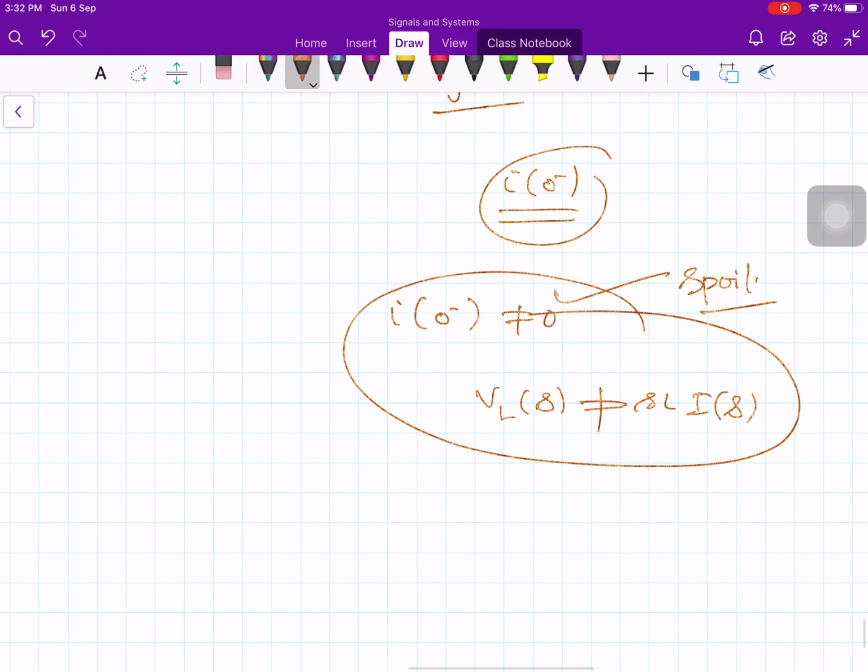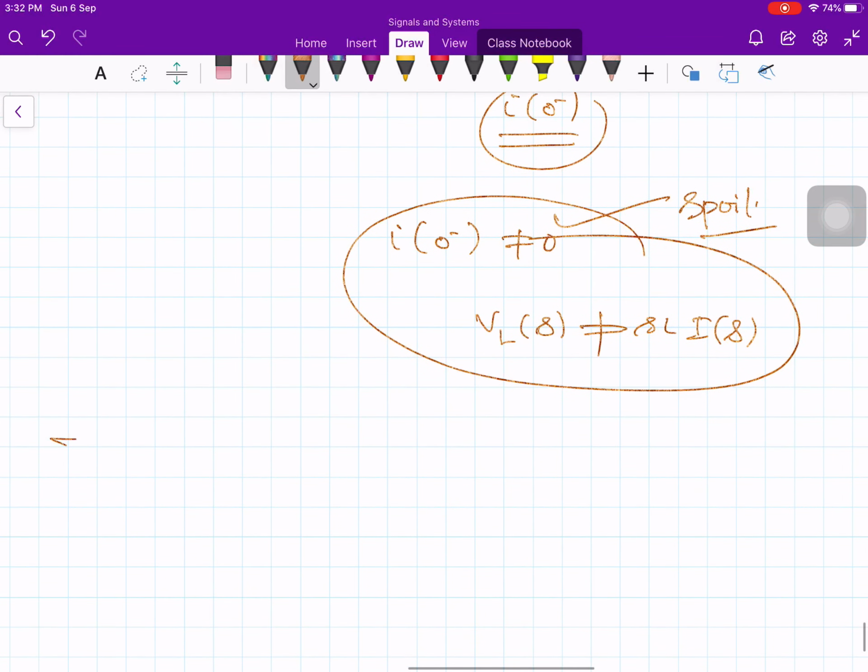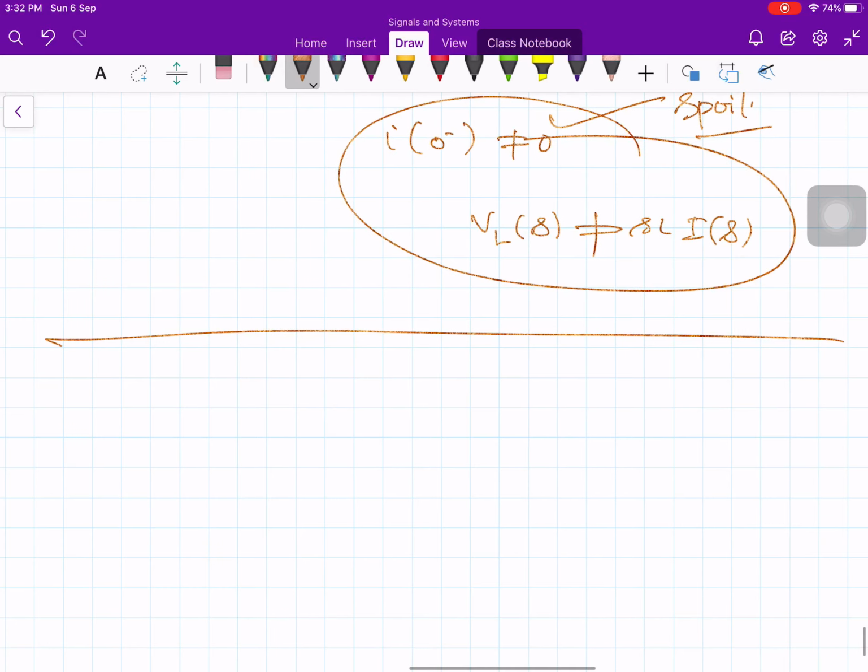Now let me again write down this equation with the initial conditions. So VL of S is equal to SL times I of S minus L times I of 0 minus.